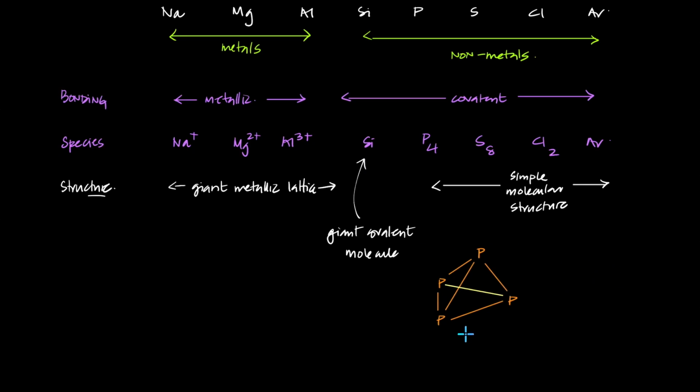That's P4. Some of you might have recognized S8 from your earlier years. It's S, S, S, atom by atom, like an inverted crown or a crown. So these are two molecules, S8 and P4, but they're still simple molecules with a simple molecular structure.